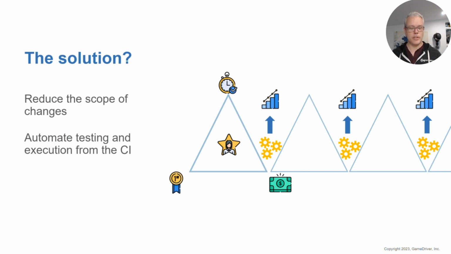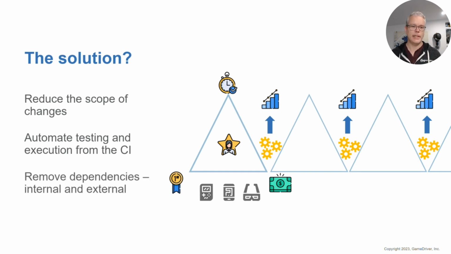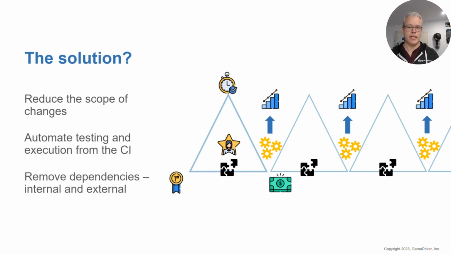There are a lot of studies that show the later you find a defect, the higher the cost of resolution. And finally, we want to remove all dependencies, both internal and external, from the equation. This includes testing environments, and it includes people even. The less we need to rely on individuals or environments to do the testing, the more effective we're going to be in achieving our results.